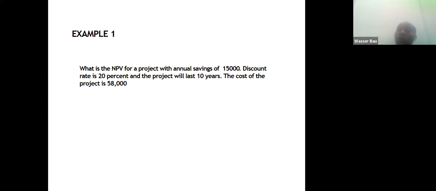And the money you are going to use for this project is coming from Stanbic IBTC or UBA, and they don't joke with their money. They're going to give you at a rate of 20%, and you have 10 years to pay back, or the project will outlive its usefulness. So the question now is: is this project profitable? And how do you know whether it's profitable?